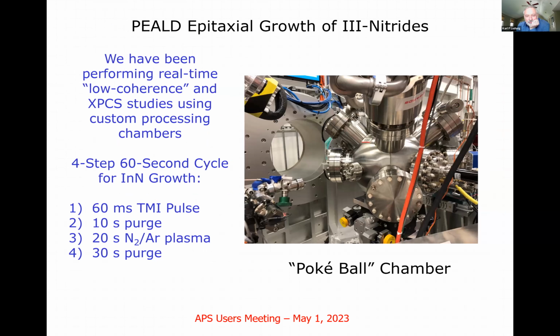This was the growth chamber that we had constructed and brought to the CHX beamline for these coherent experiments. We had a standard 60-second growth cycle of putting in a precursor, purging, exposing it to a nitrogen plasma to react the indium precursor, trimethyl indium, and get it to react and create the crystal on the surface, and then a purge, and then all this gets repeated.